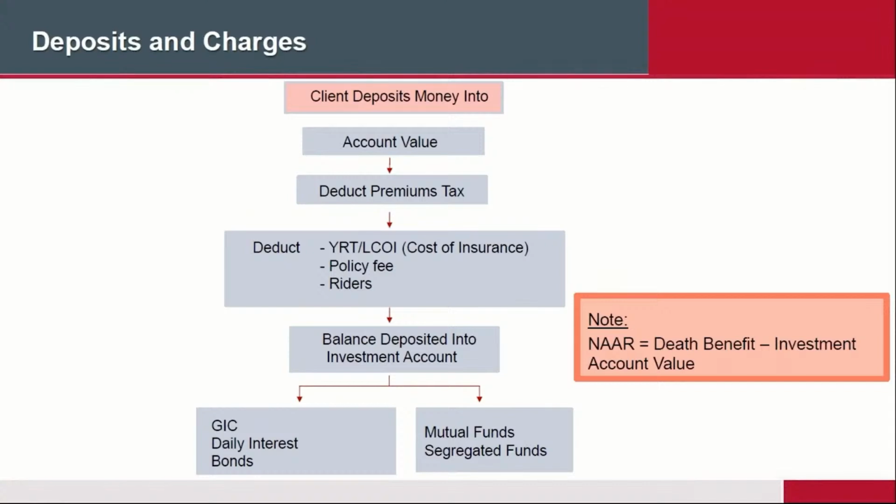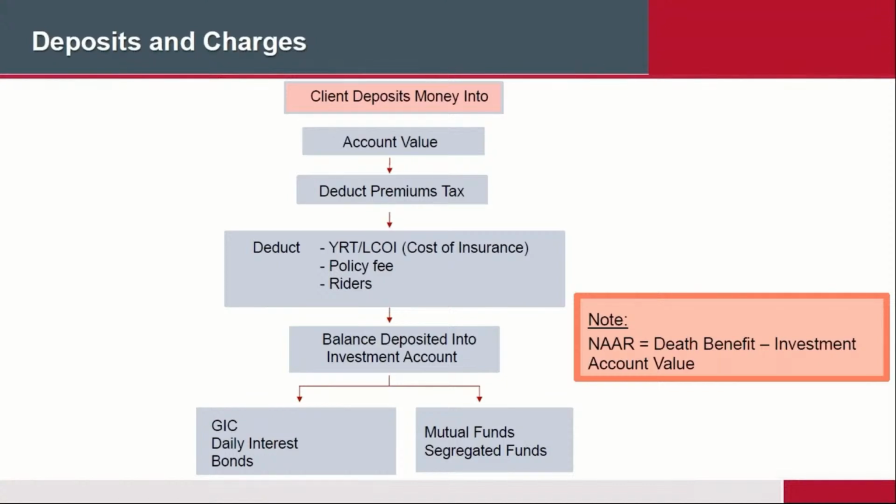So when we talk about universal life, the first thing we look at is the fact that the client deposits money into an account. Think of this, for example, as a bank account. All of you have a bank account. When you get paid, the money goes into your bank account. That bank account here is called the account value. So the account value is deposit of your money plus any earnings, and all that is your account.